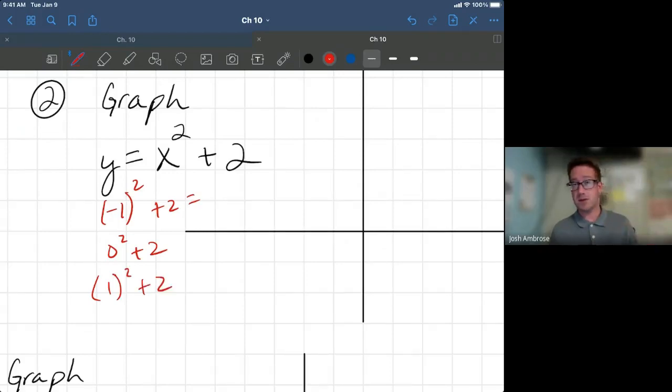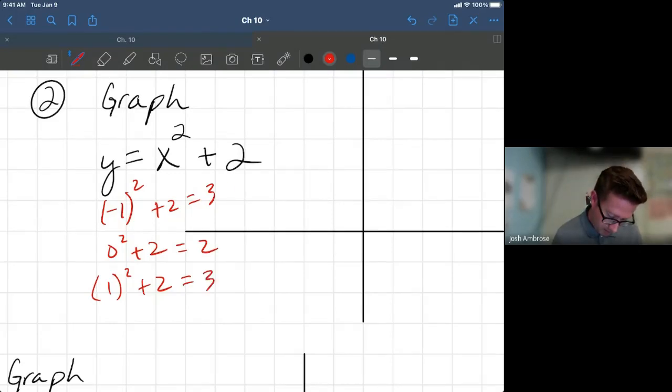All right, -1 squared is 1, +2 is 3. 0 squared is 0, plus 2 is 2. And 1 squared is 1, plus 2, again, is 3.